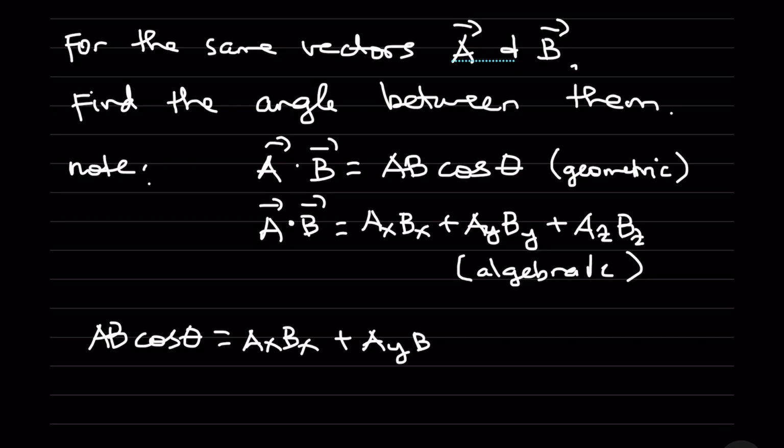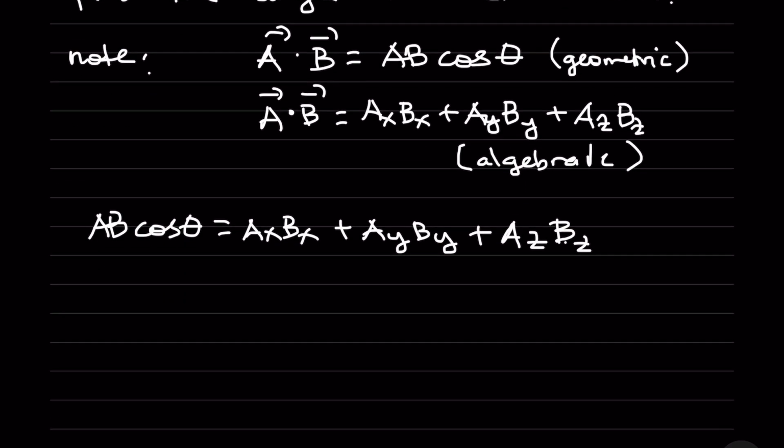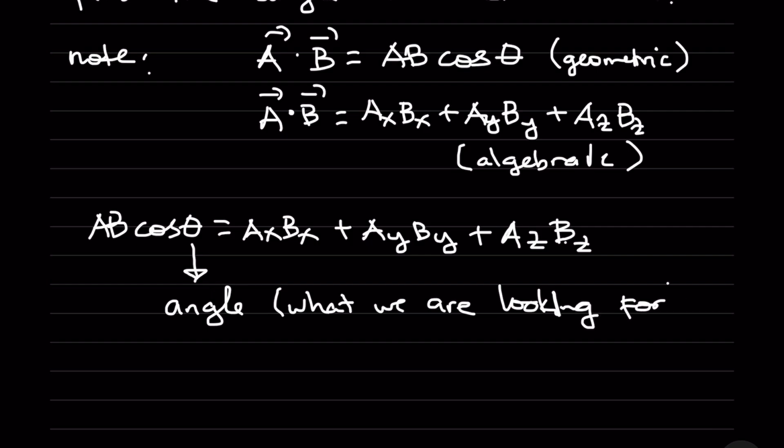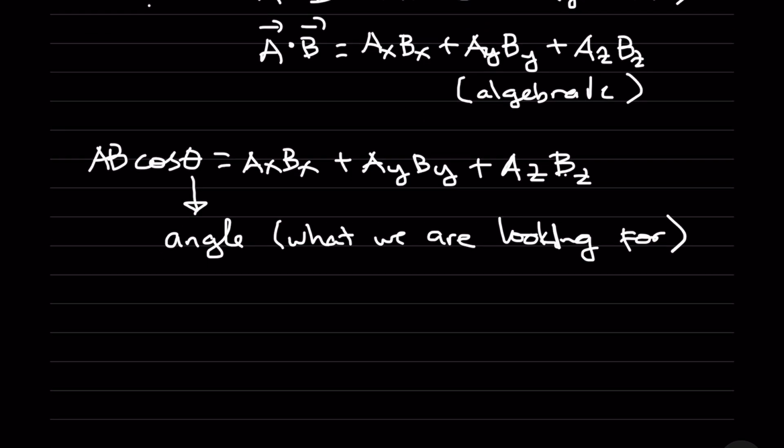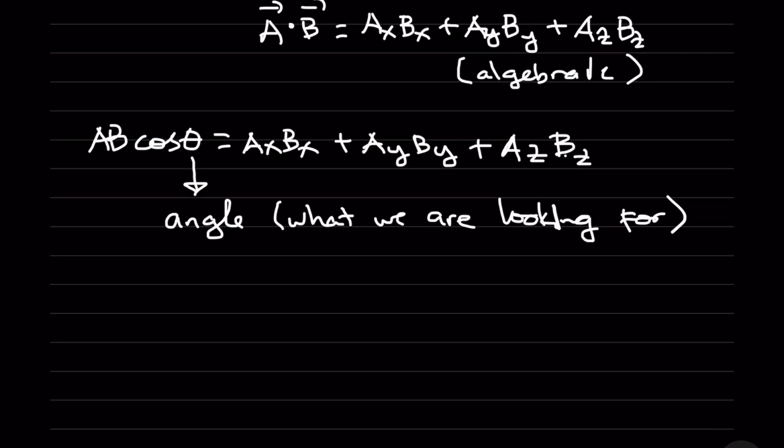So we can equate these two equations. We can write AB cosine theta equal to AxBx plus AyBy plus AzBz. So the angle theta is the angle that we are looking for. This is the angle between the two vectors A and B.